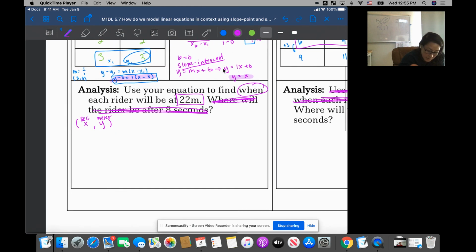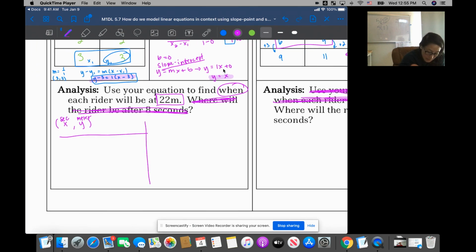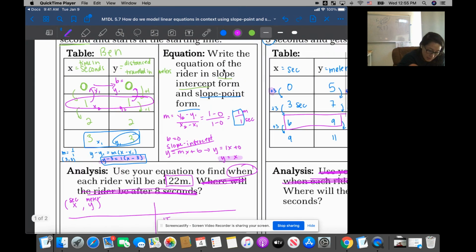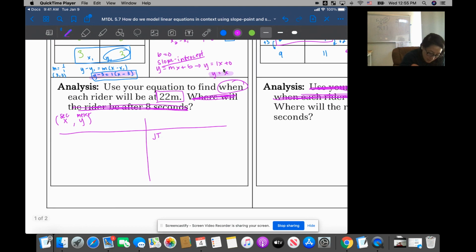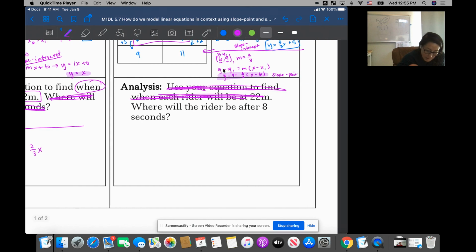So I'm going to take a look at JT and Ben. Ben's equation is y is equal to 1x, or y is equal to x, and JT's is y is equal to 2/3 x plus 5.